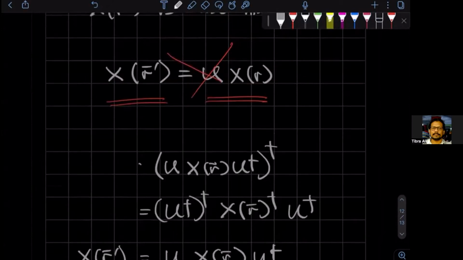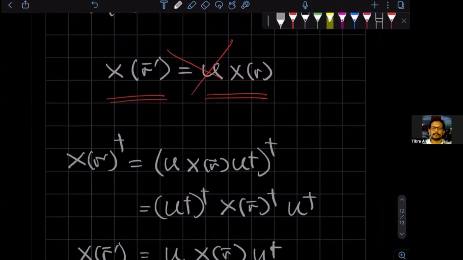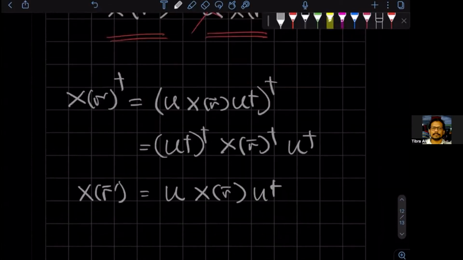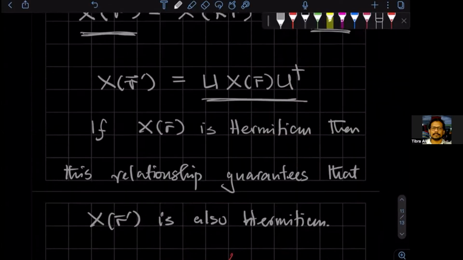So by postulating that X of R is related to X of R prime in this fashion, we guarantee that both of these things are Hermitian. Okay?